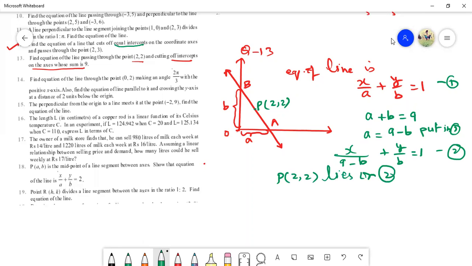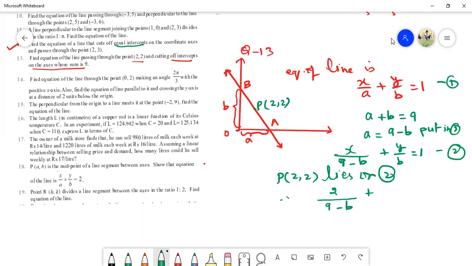And point P lies on this line. Therefore, it will satisfy this equation. That means x can be replaced by 2 and y by 2. Whatever conditions are given, first we have to decide which type of line this is, intercept form, point form or two point form.